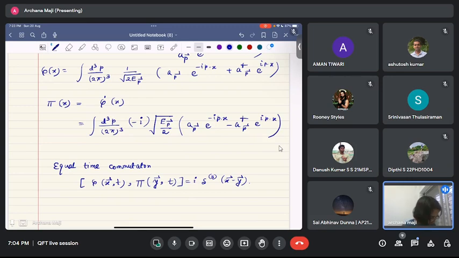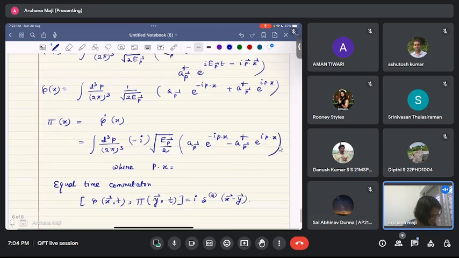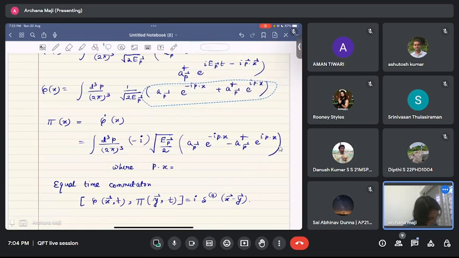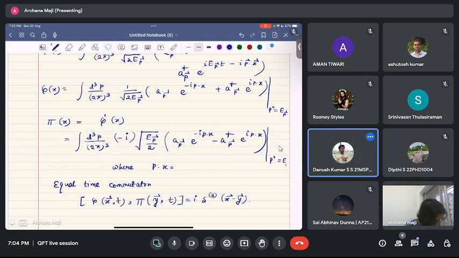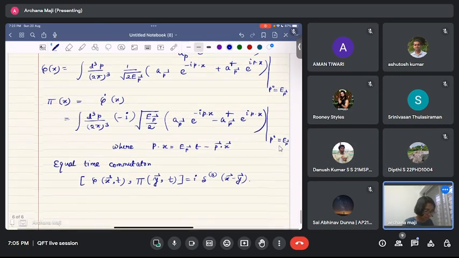Okay, so where p dot x is, these are with p0 equal to E_p. Here also p0 equal to E_p. Here p dot x is E_p t minus p dot x. Okay, so that's our convention.